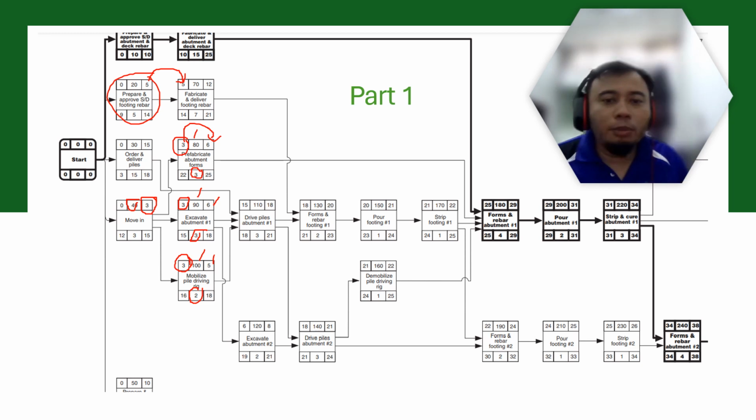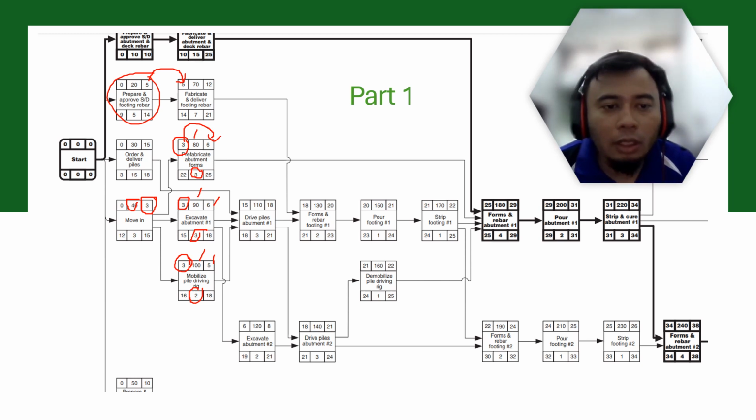As we discussed before, there are also activities where you need to finish three activities in order to start the next subsequent activity. For example, activity 110: you need to complete activity 30, activity 90, and activity 100. So you need to find the latest earliest finish.